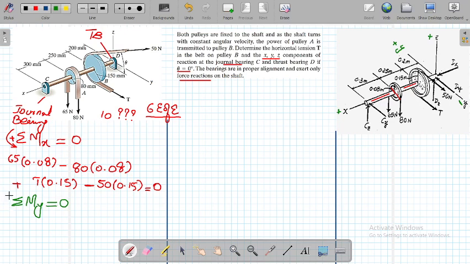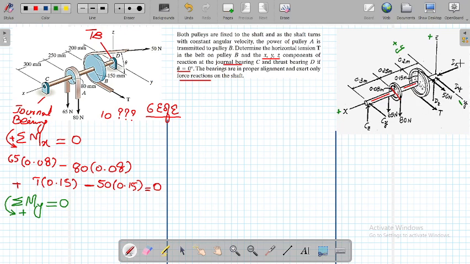Okay, and I was saying anti-clockwise moment will always be positive. So if you look at it here, you need to sum all the moment forces about the y-axis. This force T and this force 50 are along the y-axis, so there will be no moment for those forces.